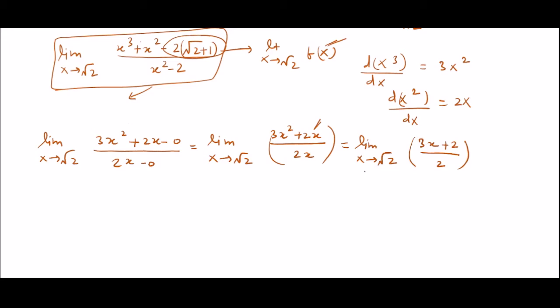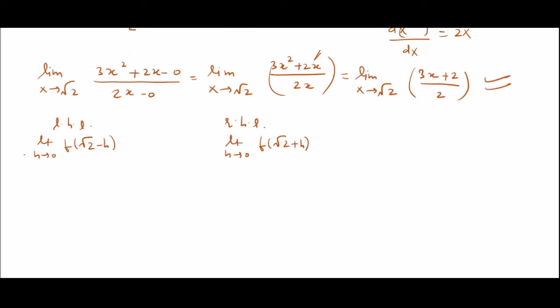Okay, now we can find the left hand limit and the right hand limit. Fine. So we will get limit h tends to 0 f of root 2 minus h, and here also limit h tends to 0 f of root 2 plus h. Okay. So we will get limit h tends to 0. Now root 2 minus h can be substituted into the x.